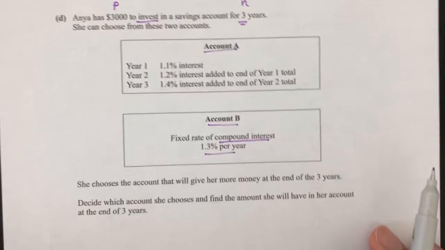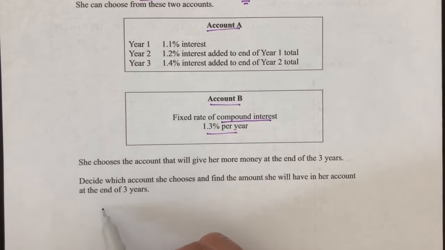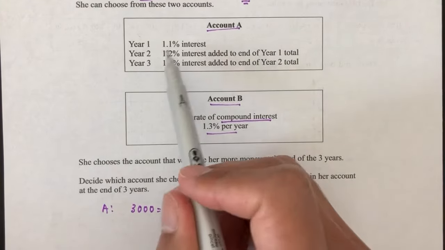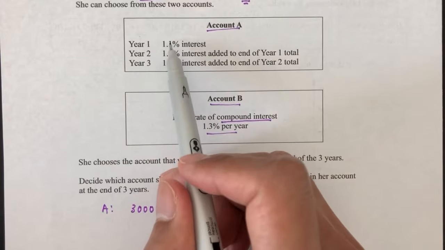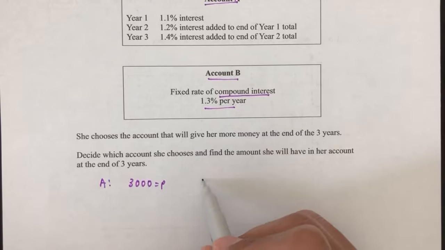So let's do one by one, right? So if she chooses this option A, how much money will she have at the end? So she will have, this is an investment, 3,000, that's the P. But every time you can see it is being compounded every year. So let's do that. What is the amount at the end?